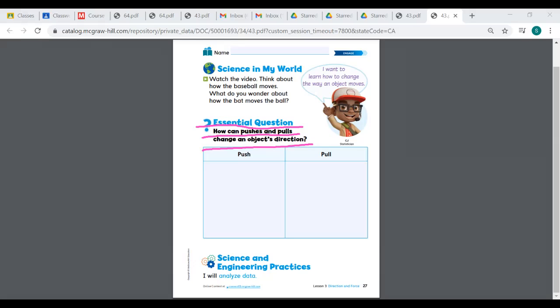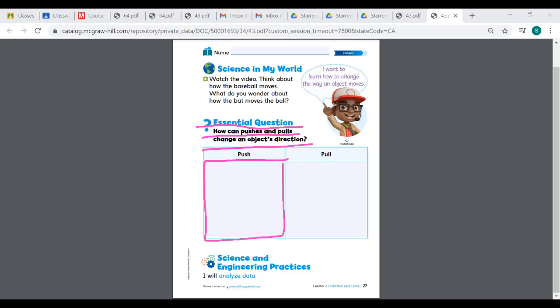So what you're going to do is tell me how a push can change an object's direction. So if you push something, what are you doing? You are applying a force, right? You're pushing it away from you. So a push is going to push away from you. So when the bat hits the ball, it's pushing the ball and it's changing that object's direction.